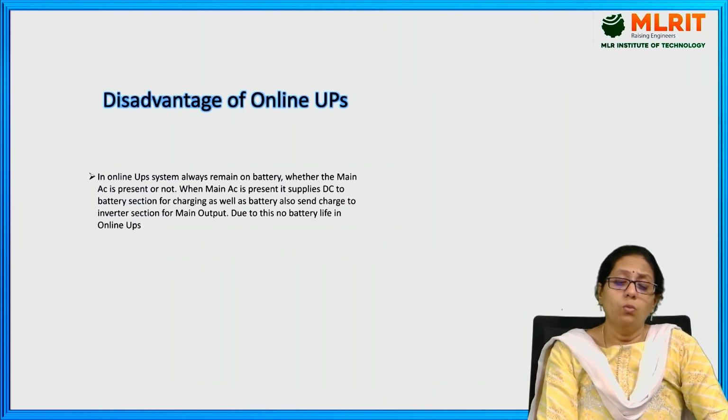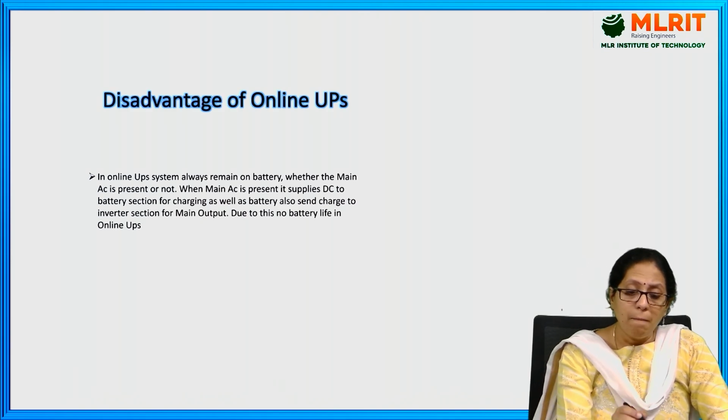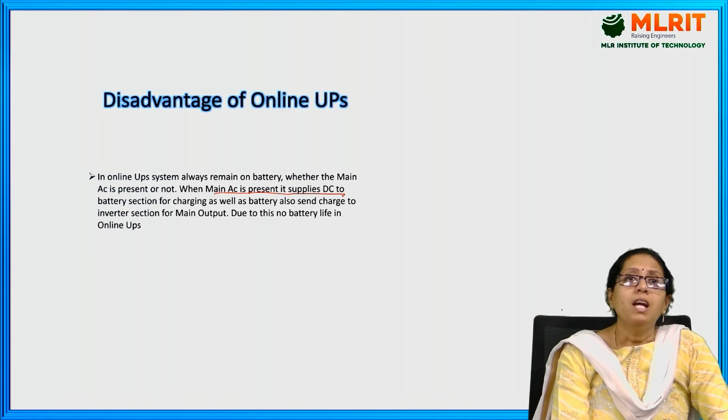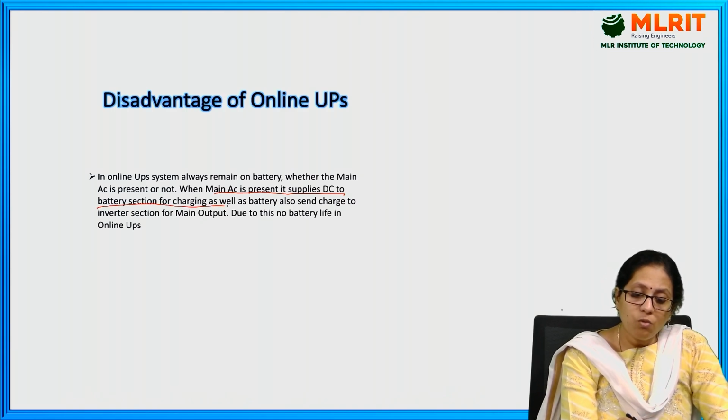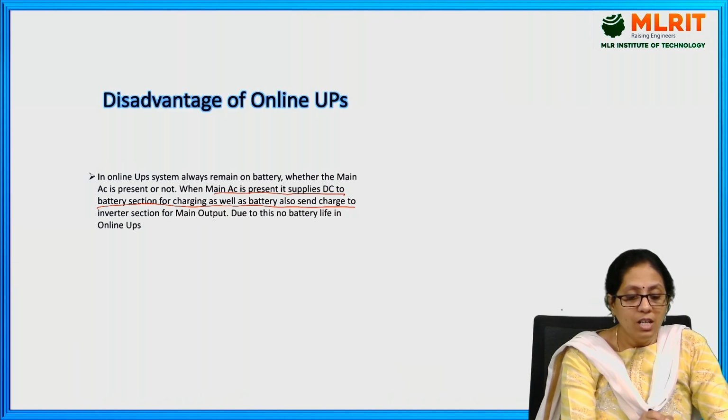Disadvantages. What are the disadvantages? In online UPS, the system always remains on battery. That means whether the main AC is present or not, when the main AC is present, it supplies DC to the battery section for charging, as well as to the inverter section.